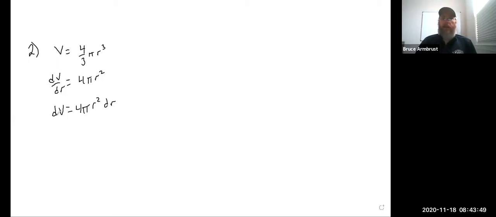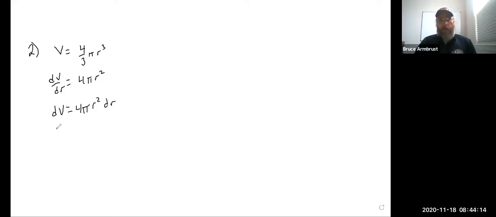So dV is our error in volume, dr is our error in the radius. So if we know the radius and we know our error in the radius, we're good to go. And we have those numbers. We were told r was 3.65, and we were told that dr, we are off by potentially 0.1. So we've got enough to find that.